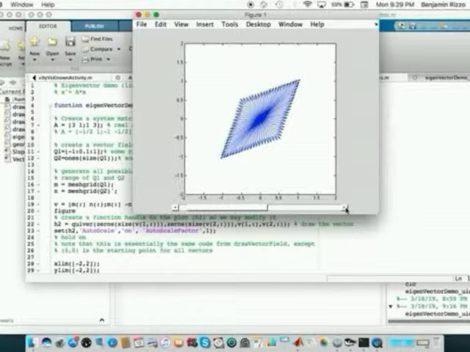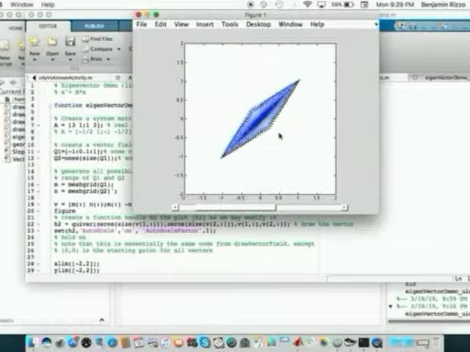And if I want to continue doing this, I can operate on this vector field again using my matrix. So if I multiply by A, this is what we get after operating on the vector field twice. Again, vectors along this direction appear to be attenuated, whereas vectors pointing along this direction appear to be stretched.